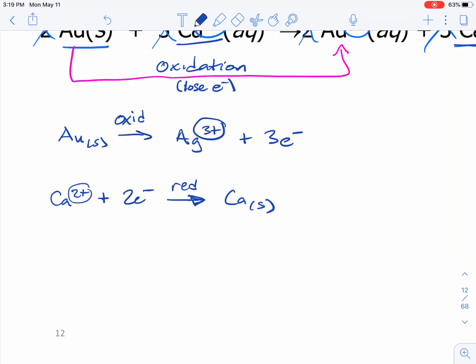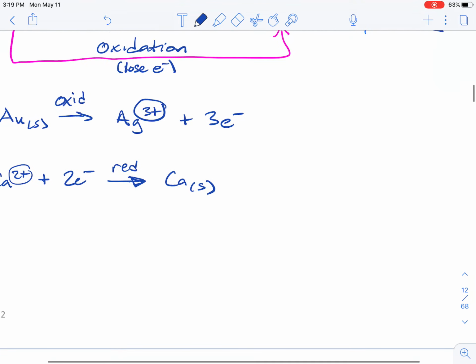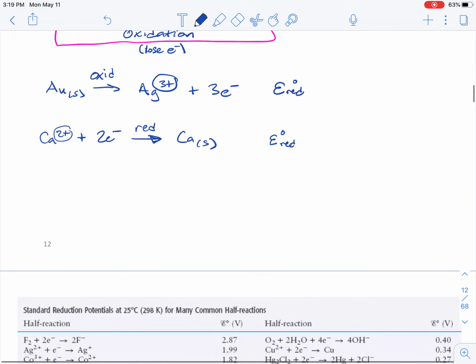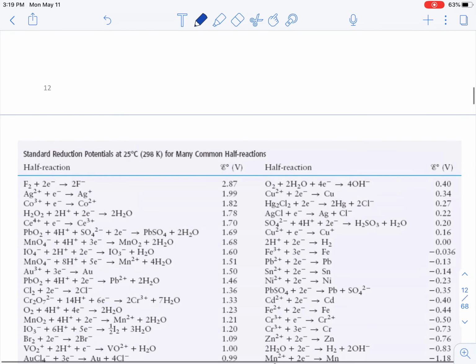All right, and now that I have my half reactions, I'm going to look up the standard reduction potentials using my reference sheet.